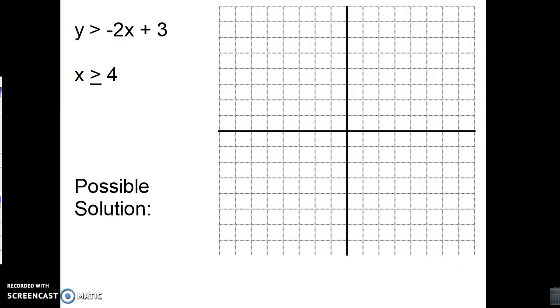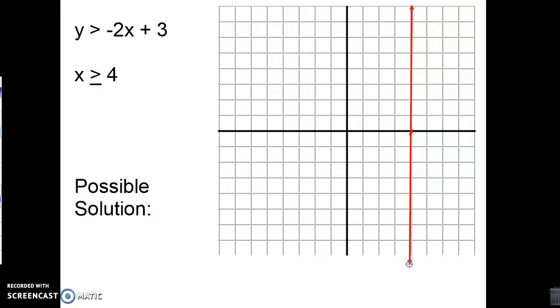Now this one's the same type of situation. Don't be fooled just because we have an x is greater than or equal to 4. What this means is that you have an x-intercept of 4. So if my intercept is 4 and it says greater than or equal to, then I know that I have a solid line right on the x-axis at 4.